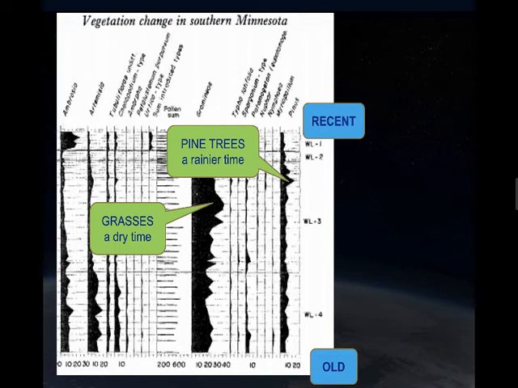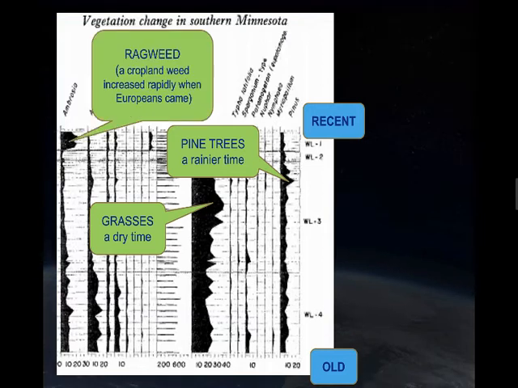And that's why we need to do multiple lake sediments in order to get a clear message. When we see a great big pile of ragweed pollen, we know that this is a cropland weed and that it increased fairly rapidly, and it suggests that this is about when Europeans first arrived in this particular area.